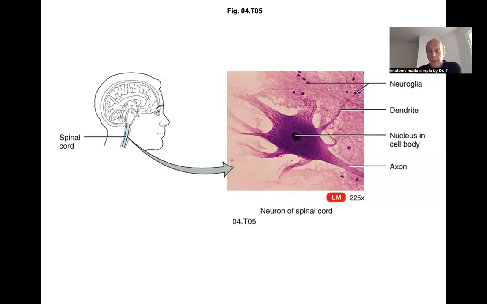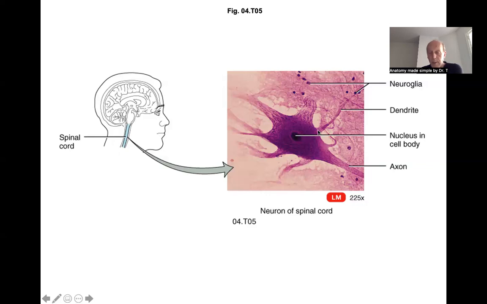Within the cellular body, other than the nucleus, of course, we find all the other cellular organelles, as described previously in the section about the cell in general. But what makes neurons unique amongst any other form of cells is that they have a number of different projections coming directly from the cellular body.